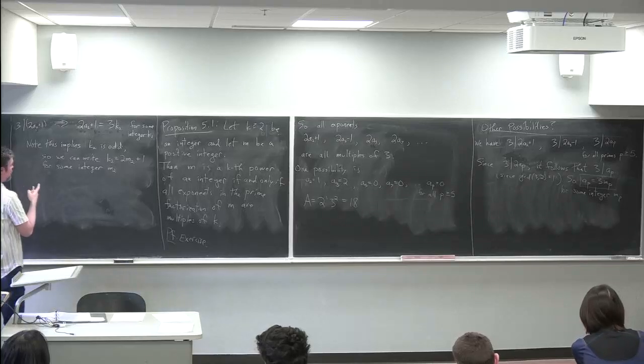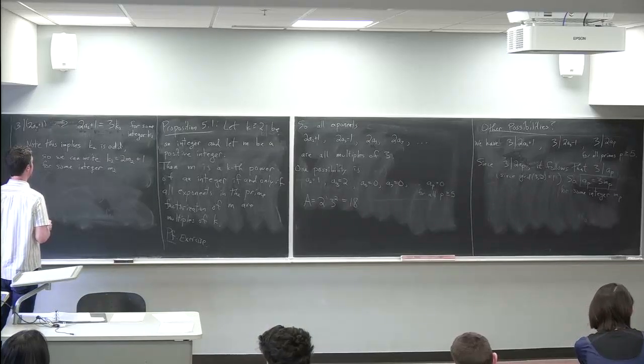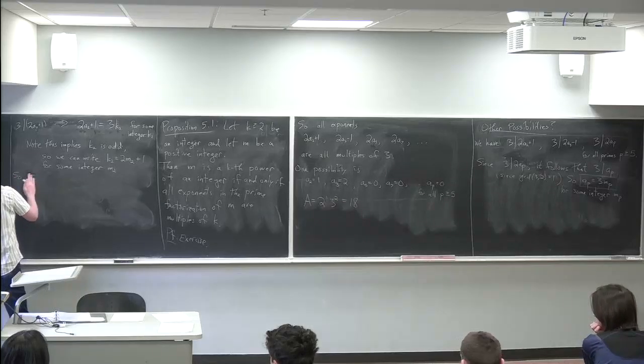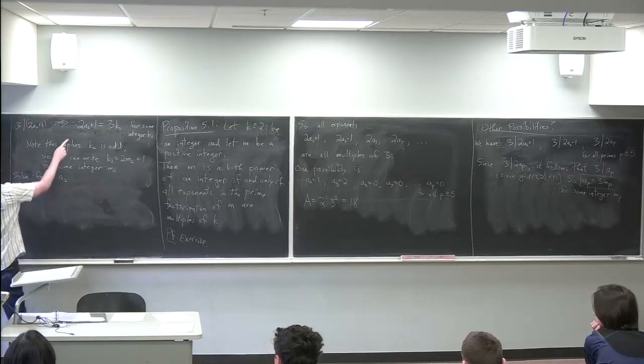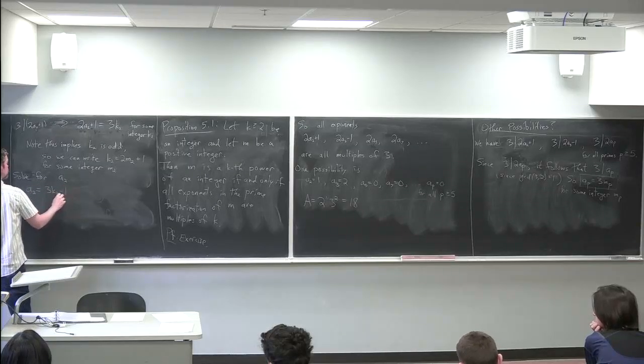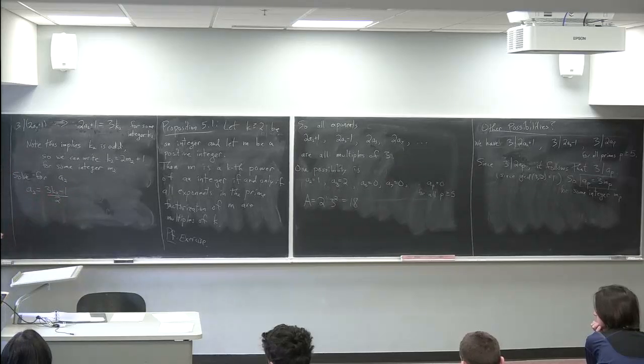So what we can do then is solve for a2. If you algebraically solve this equation for a2, you get 3 times k2 minus 1, over 2. And this was what I was trying to say looks problematic. It doesn't look like an integer necessarily.